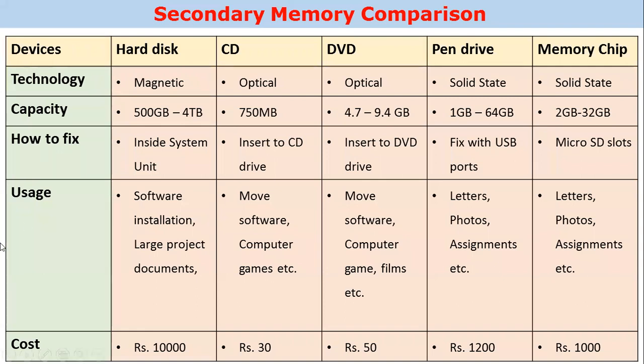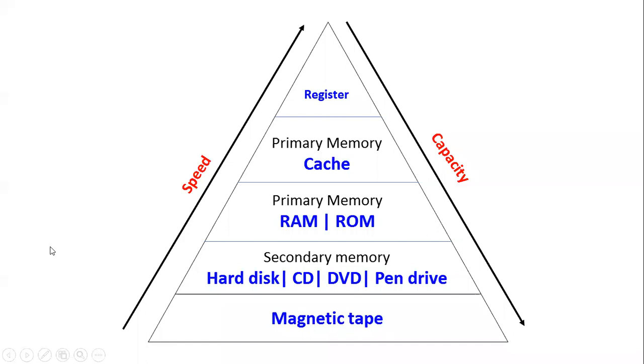Then there is another hierarchy you have to learn regarding computer memory. Look at the hierarchy here. First look at the arrow lines located on both sides outside this triangle. First look at the left side one. In this line, the arrow is heading upward.